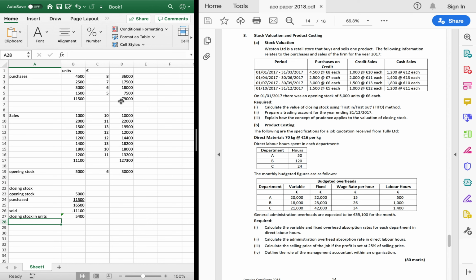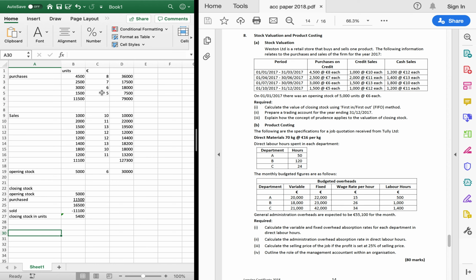But what we have to do in accounting is come up with a consistent way of valuing closing stock. So we use the first in, first out method. What we assume is that the first 4,500 that we sell are at €8. The next 2,500 we sell are the ones that we bought at 7. The next 3,000 are the ones that we bought at 6, and the next 1,500 are the ones that we bought at 5.